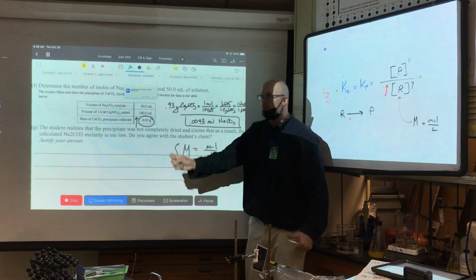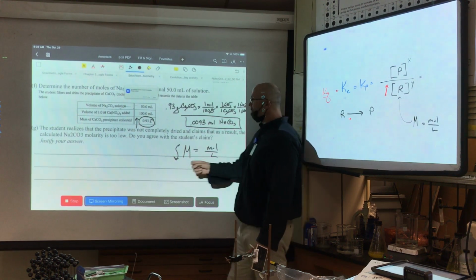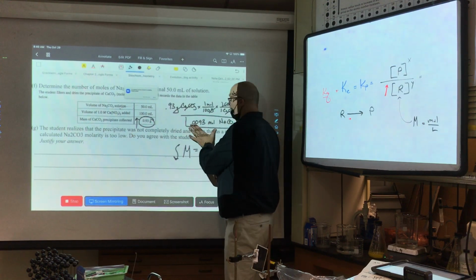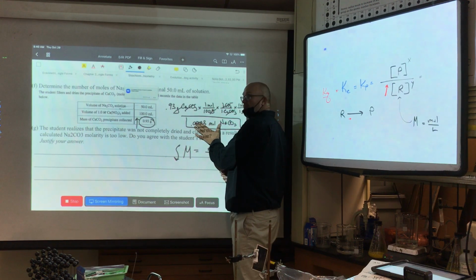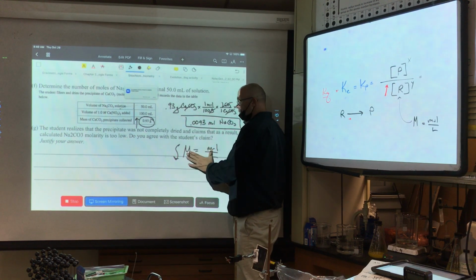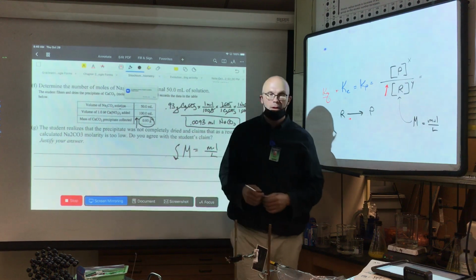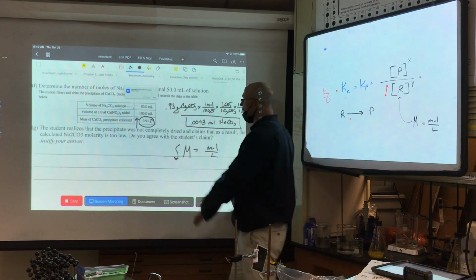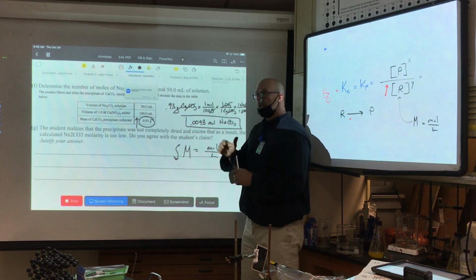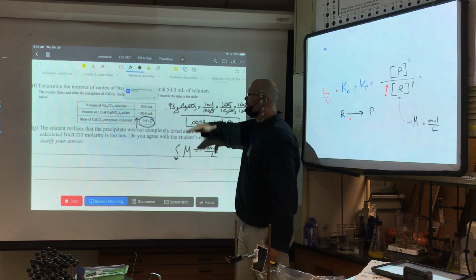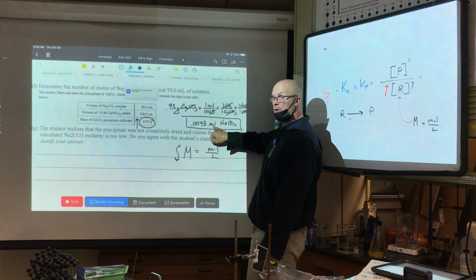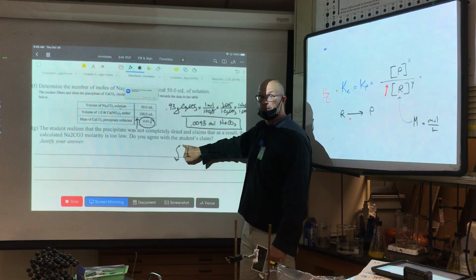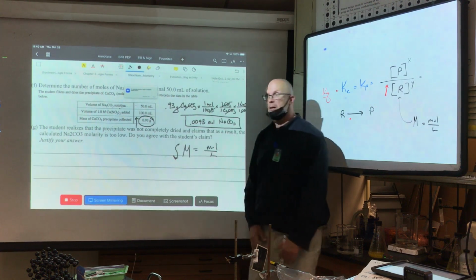So I would say no. And I would justify my answer by saying, if there was more water, it's going to increase the amount of moles than expected, which increases the molarity because the moles are in the numerator. There's many ways to say this concisely, but the bottom line is, if this has water in it, this value is too high. It should have been lower. And if it's too high, you're going to calculate more moles than you should. And because that mole is used in the molarity formula, you're going to calculate a larger molarity than expected. I'm not going to write that out, but something along those lines.